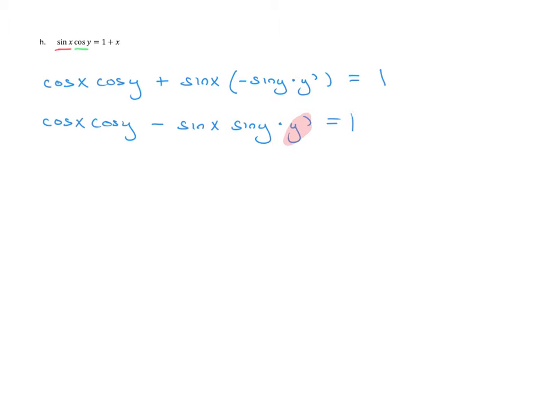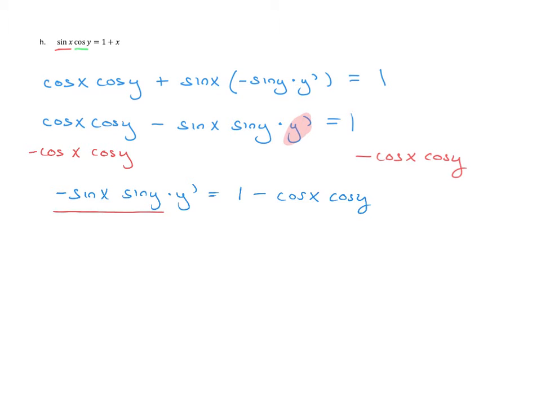I'm solving for y prime. So I think I will subtract cosine x cosine y from both sides of the equation. And I get negative sine x sine y times y prime is equal to 1 minus cosine x cosine y.